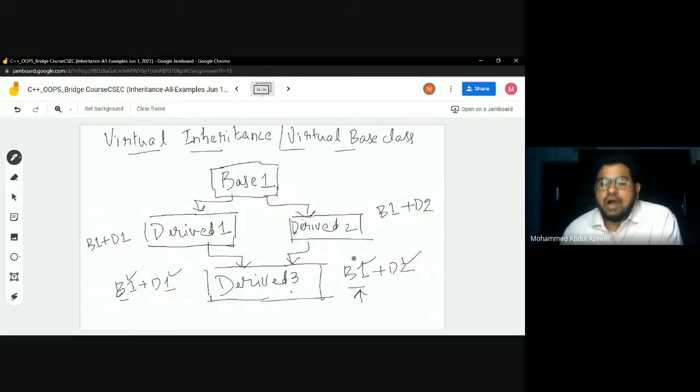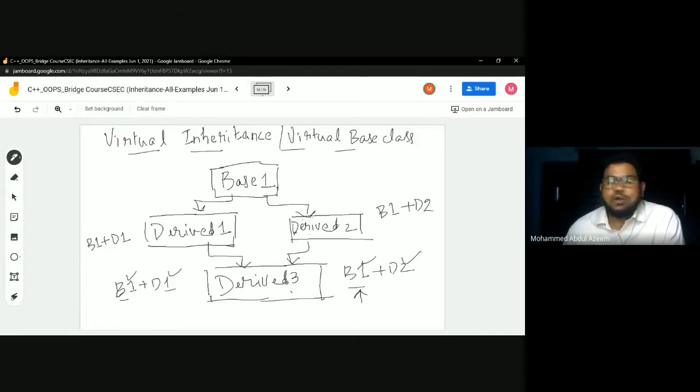So how to eliminate one of the Base 1 copies at Derive 3 is by declaring the base class as a virtual one. Okay, got it? By declaring this Base 1 class as a virtual one, or another option is while inheriting these 2 derived classes at Derive 3, you will have to inherit them virtually.